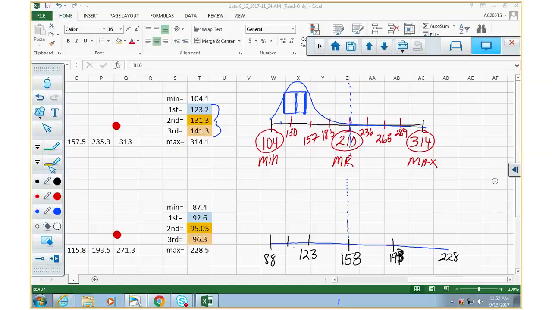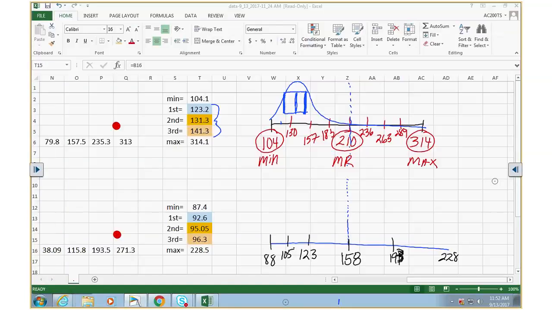I'm sorry. 105. All right. What's 123 plus 17? 140. What's 158 plus 17? And what's 193 plus 17? Okay? And you can keep graduating this if you want to. You just have to write smaller.